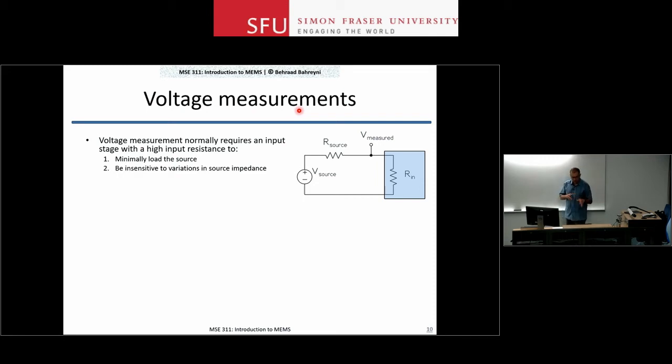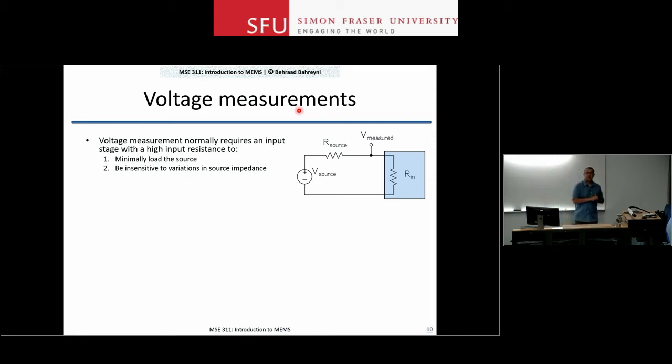And also, another advantage of having a very large input resistance is that you become insensitive to variations in R source. So let's say your R source can vary between 10 kilo ohms and 100 kilo ohms. That's a very wide range. Usually you shouldn't have such a huge range for R source. But let's say it does, a factor of 10 to 1.